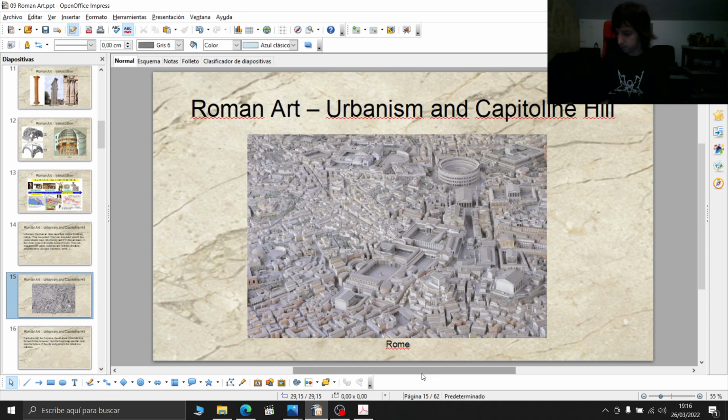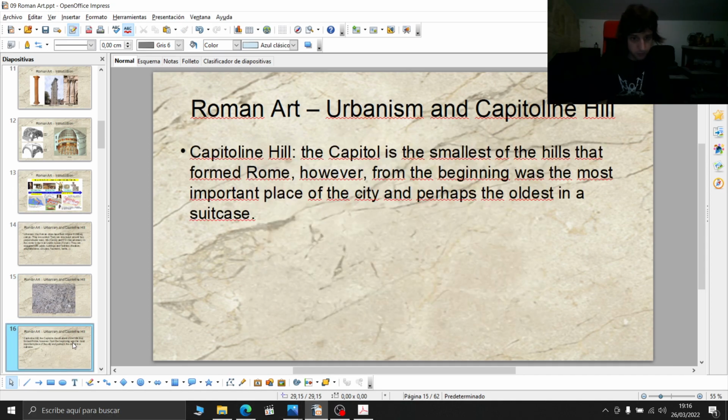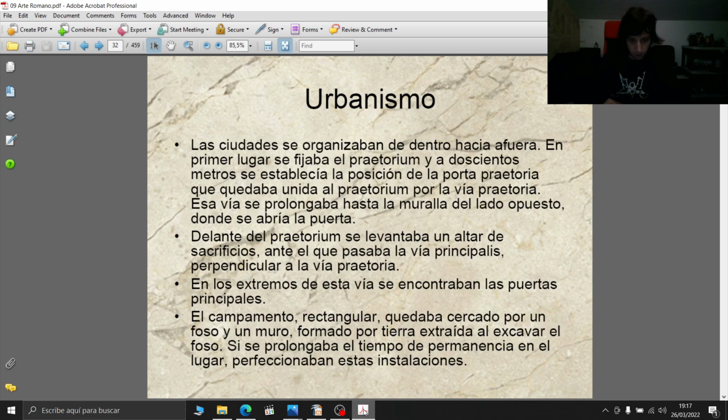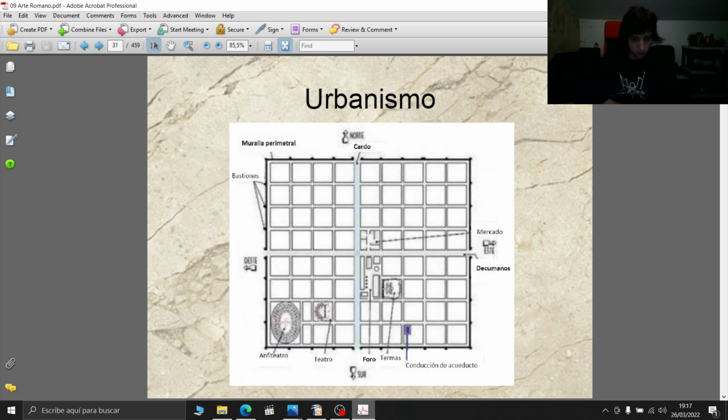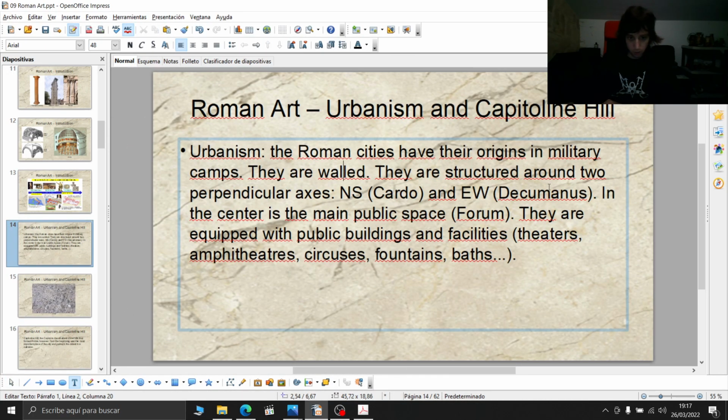Rome. Capitoline Hill. Oh, this is the Cardos and the Decumanus. I'm going to put this here.